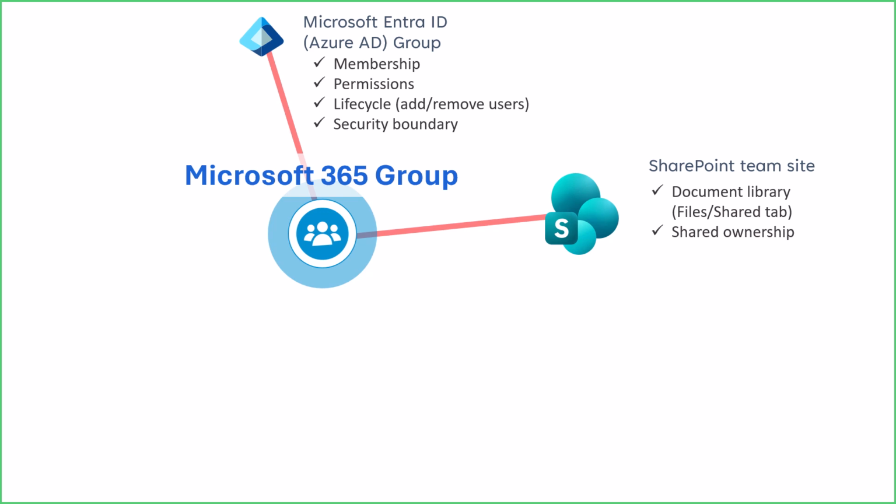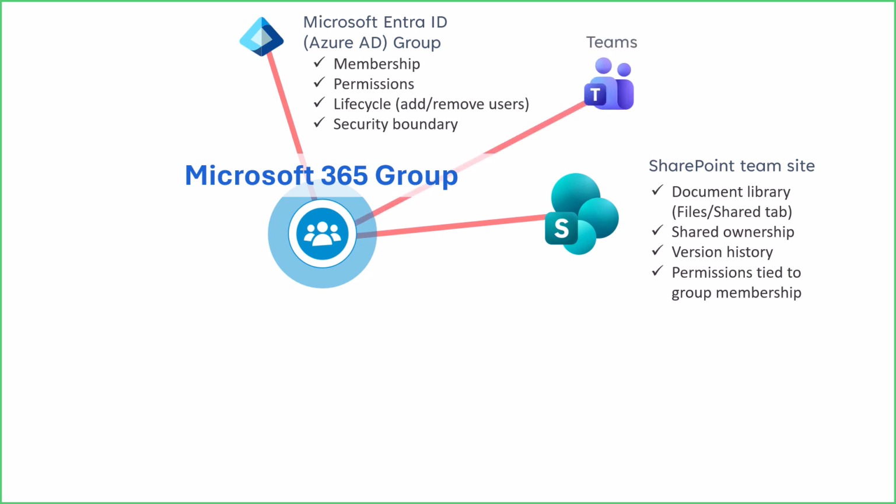And then we still have all the benefits of it. SharePoint's the foundation of it. Teams is the way to look at it. It's like served up on Teams as a viewer. We have things like version history. If somebody put a request in twice, or something like that, we can always see that. We're not going to have multiple versions, and all the permissions are tied to that group.